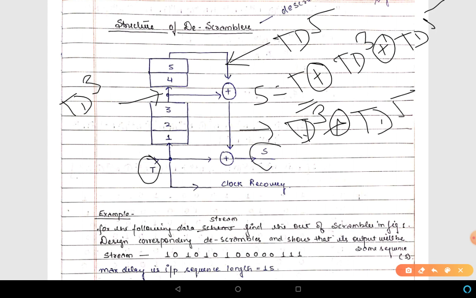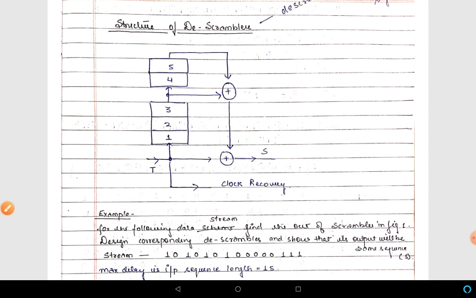And what is available here is the same equation, that is T XORed with TD^3 XORed with TD^5. This is how we can design the descrambler at the receiver with the help of the scrambler. So the question is, if a scrambler is given, can we design the descrambler? The answer is yes, with the procedure just discussed.